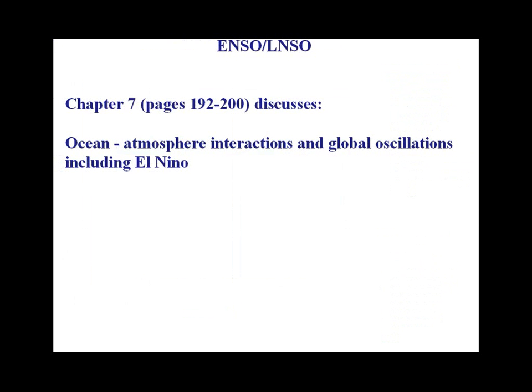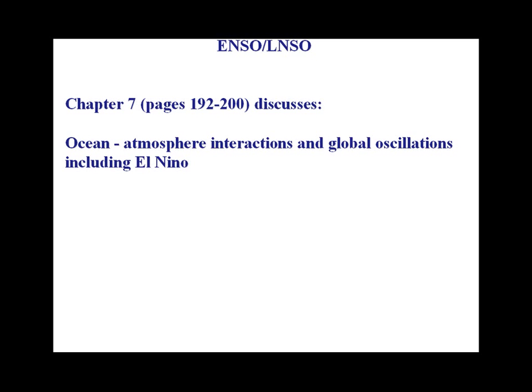If I go back to my title page, notice I have ENSO, LENSO. This is El Nino Southern Oscillation, La Nina Southern Oscillation. When I'm talking about oscillation, I'm talking about how things change, and specifically pressure patterns.